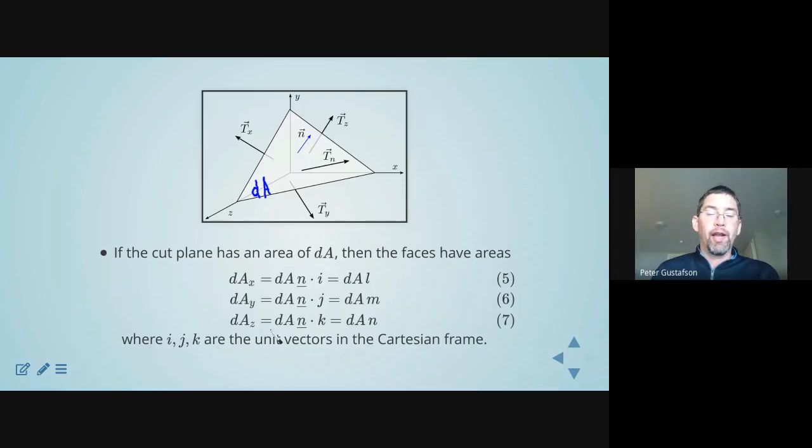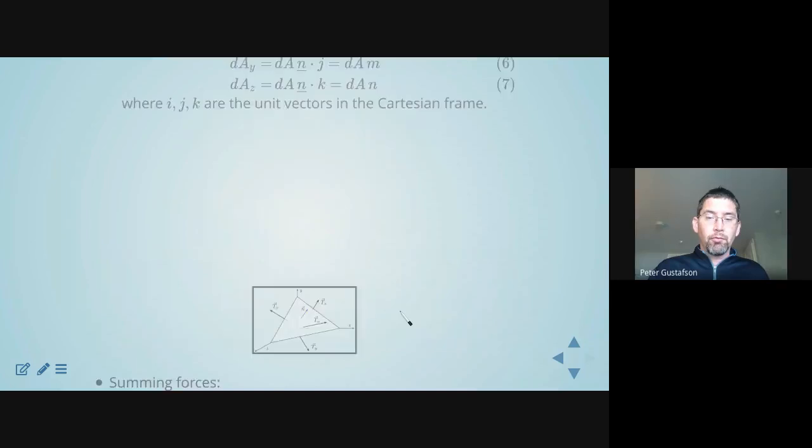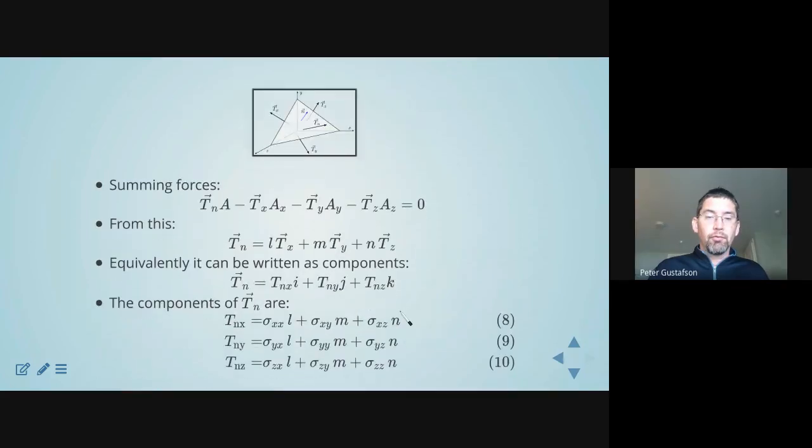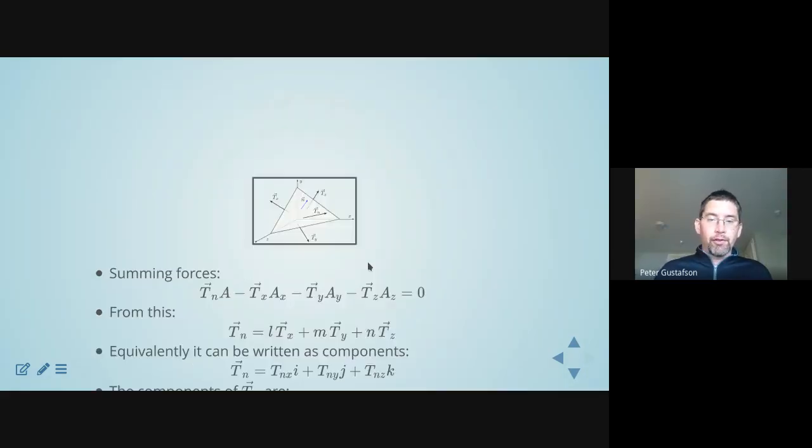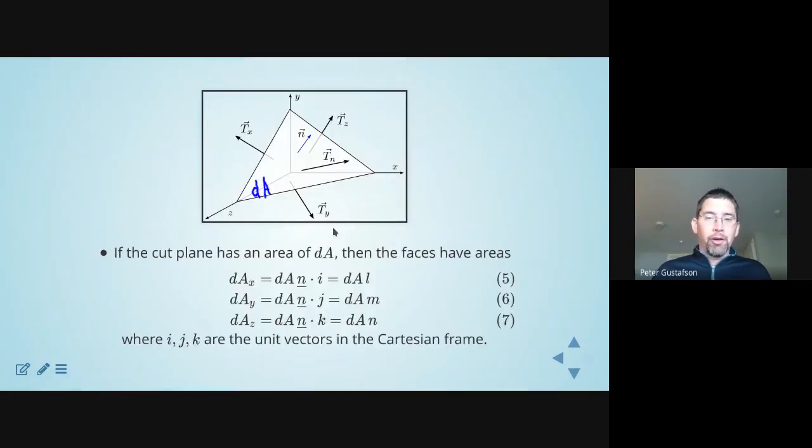So in this case, we have the magnitude dA times the normal vector dotted with the unit vector. i, j, and k are unit vectors in the original Cartesian frame. Okay, let me go back to this for just a second where the image is slightly larger.